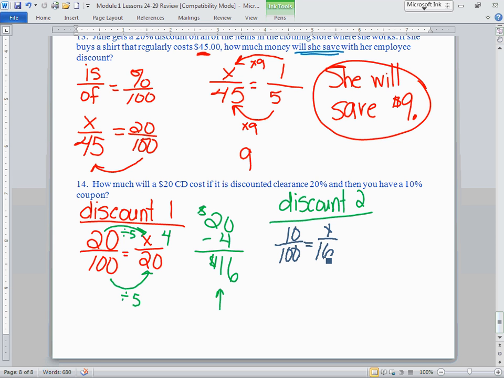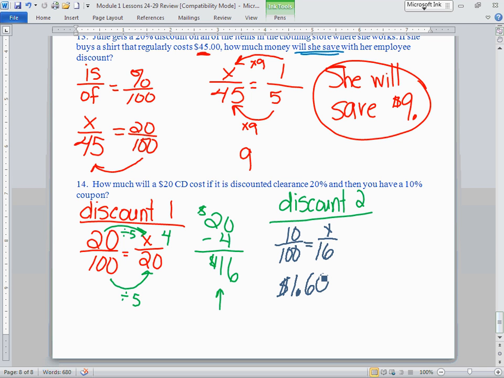We remember from our claim that 10% is always moving the decimal one place. Or you could do it like this with your division. So my second discount is $1.60.